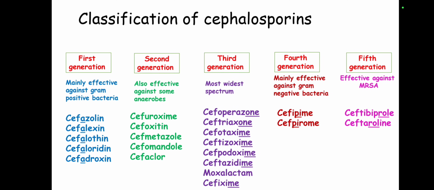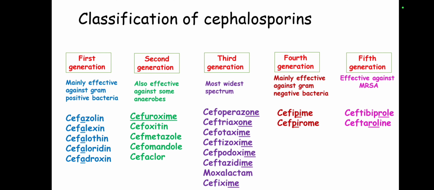But you can see moxalactam is something different which you can remember. This has one more exception. Check out the second generation. You can see cefuroxime ends with me, but it does not belong to third generation, it belongs to second generation.